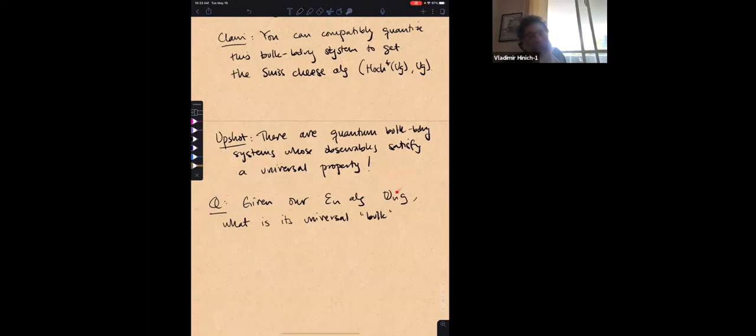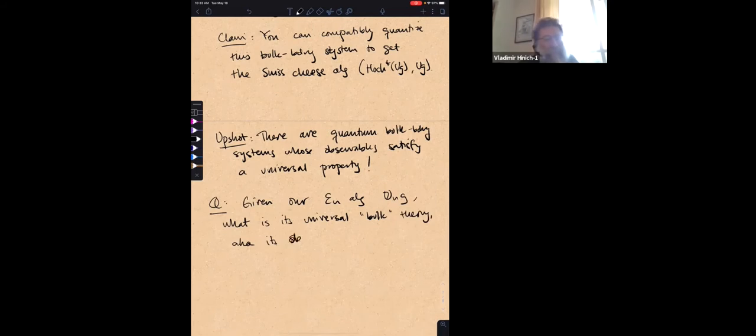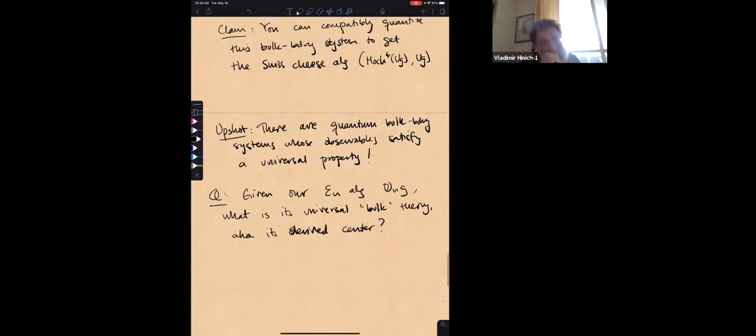This thing is naturally filtered, and so it has an associated graded, which is very simple. Its universal bulk theory, aka its derived center. Okay. What I'd really like, in fact, is a concrete model for the derived center, comparable to Knudsen's very concrete model for the derived center.